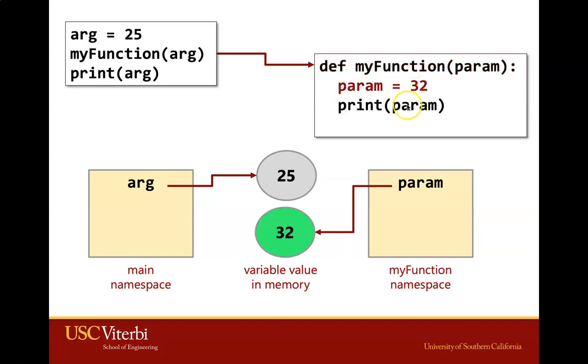Remember, a whole new spot in memory gets created. And now inside of the function, the local variable parameter, in its namespace, is pointing to a completely different spot in memory, whereas argument over here is pointing to that original value, the old spot in memory.